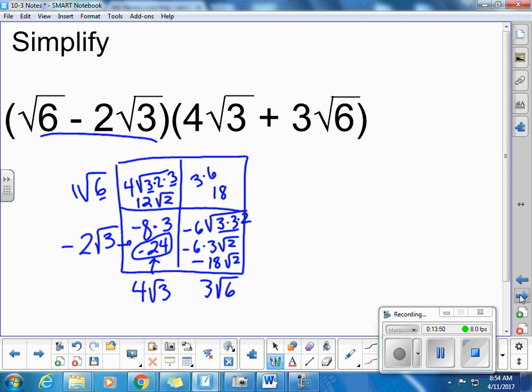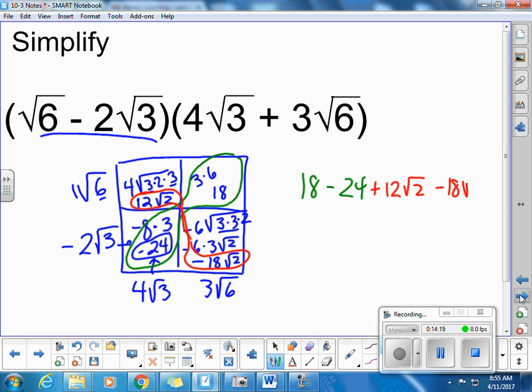So if you look this way, I have just some numbers. I have 18 minus 24. And then if we look the other way, we have that answer and that answer, which would be plus 12 square root of 2 minus 18 square root of 2.